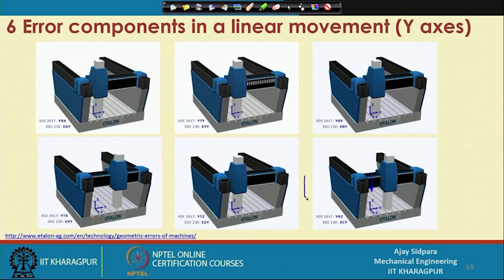So, this one is the y axis, this one x, this one y and this one is the z axis, and your spindle is located in this direction, and then it is taking this particular center and then it is swinging in these two directions, correct. So, these are the linear movement or the linear error components of the y axis motion.